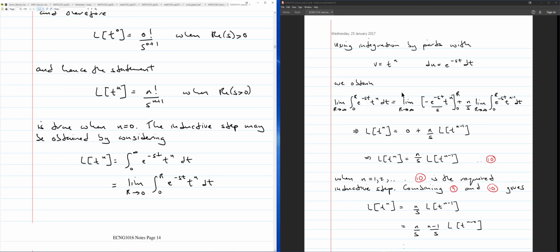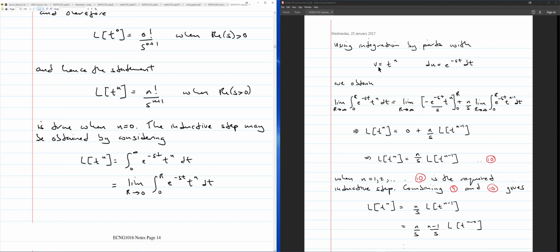And when you multiply the u by dv, what you would have is the e to the minus st on s. Remember, with integration by parts, you're going to have a minus sign, and the minus sign coming from the u will hit this minus to give me a plus.